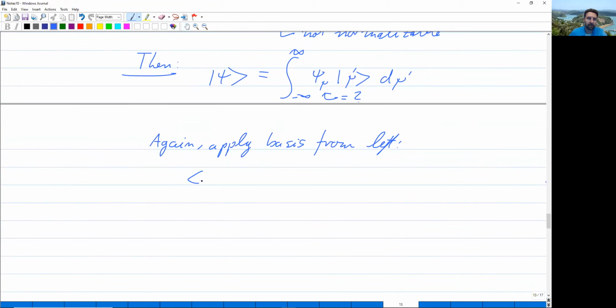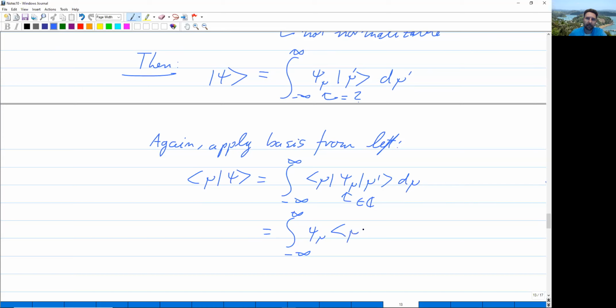So now we have <mu|psi> equal to the integral from minus infinity to infinity of the coefficient psi mu' times <mu|mu'> d mu'. Now this here is just a complex number. We can again pull this out. So we have the integral from minus infinity to infinity of psi mu' times <mu|mu'> d mu'.